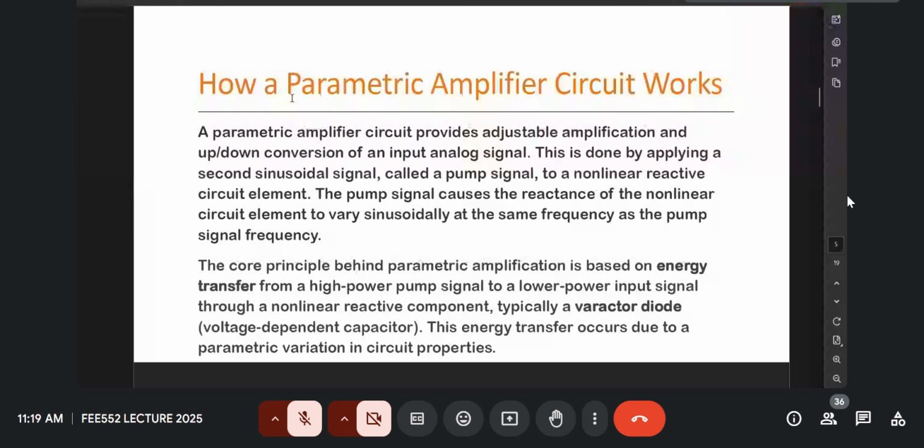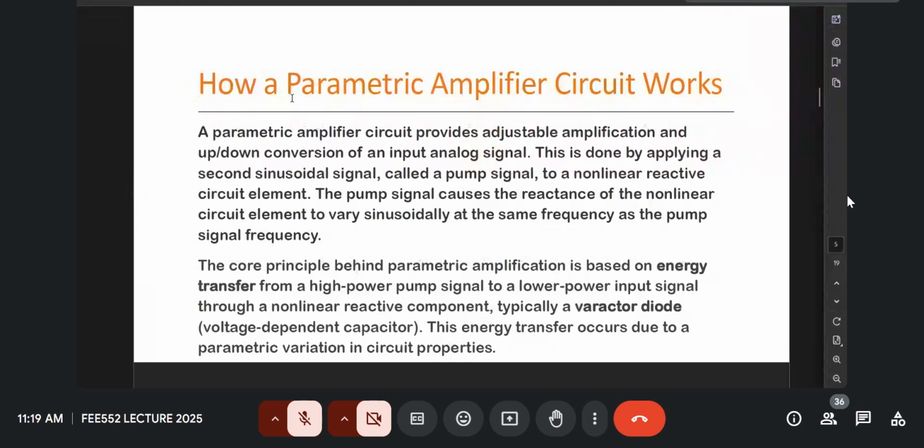The pump signal causes the reactance of the nonlinear circuit element to vary sinusoidally at the same frequency as the pump signal. So the core principle behind the parametric amplifier is based on energy transfer from the high power pump signal to the low power input signal through nonlinear reactive components.